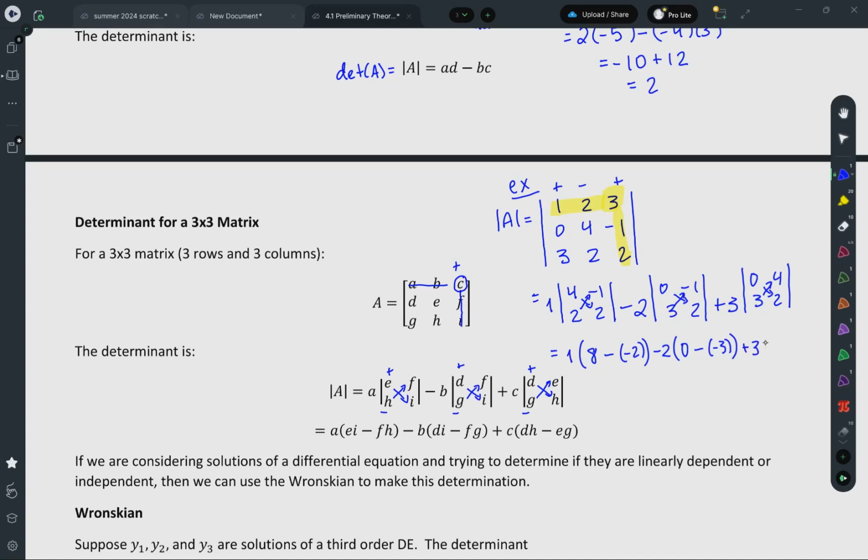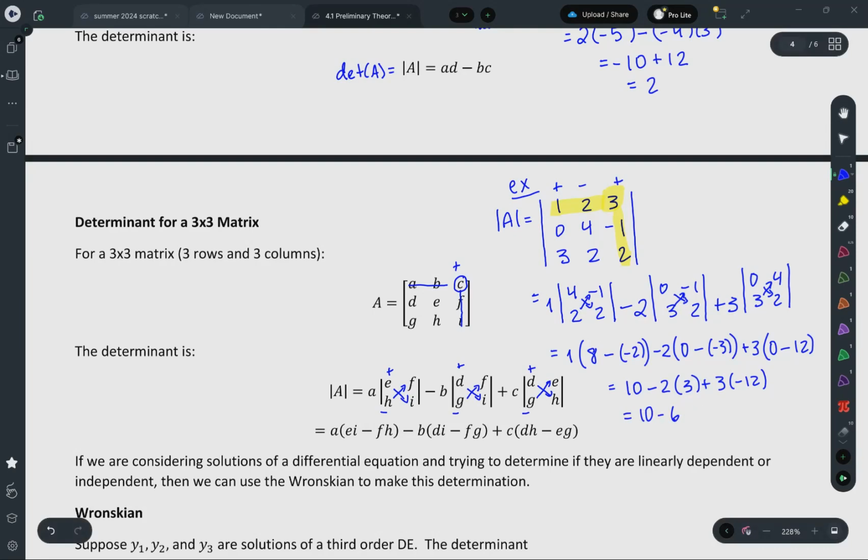Plus 3 times 0 times 2 is 0, minus 3 times 4 is 12. This becomes 8 plus 2, which is a 10, minus 2 times 3, plus 3 times negative 12. This becomes 10 minus 6, minus 36.